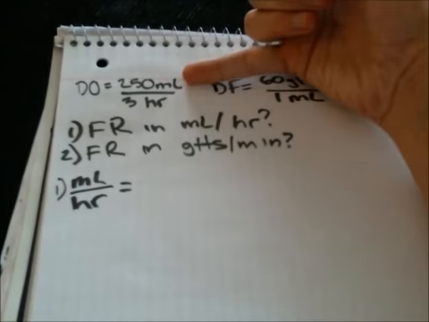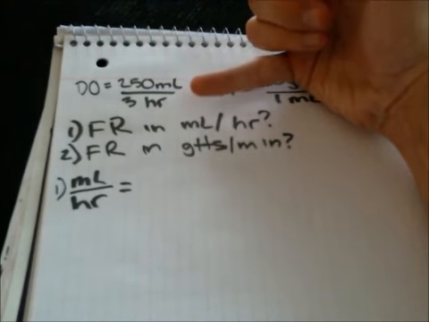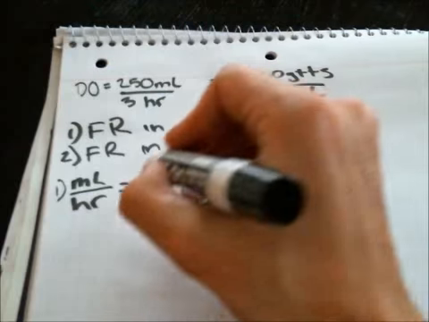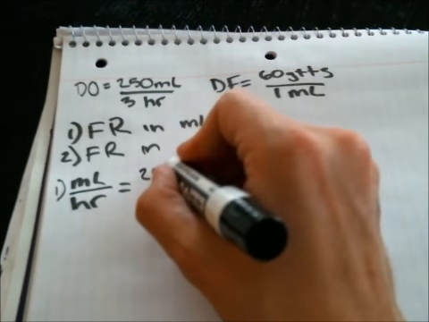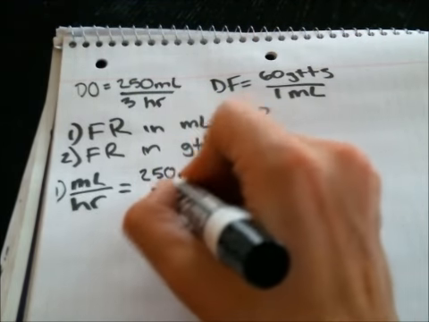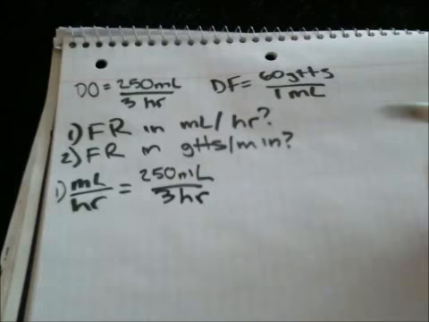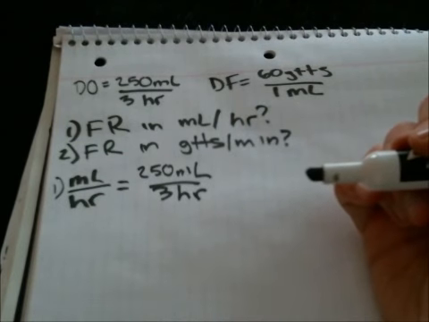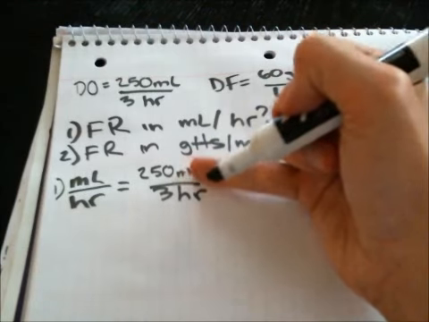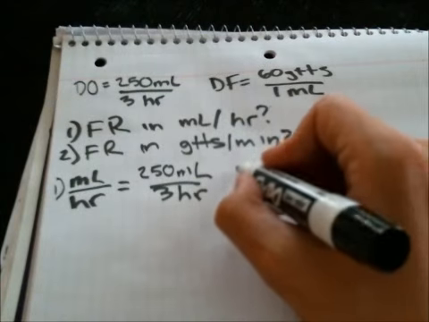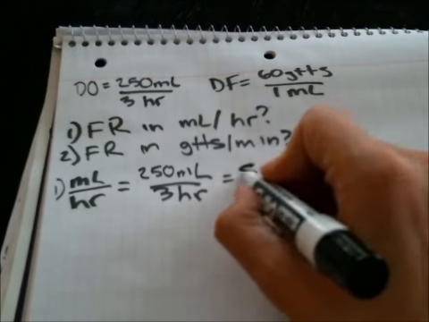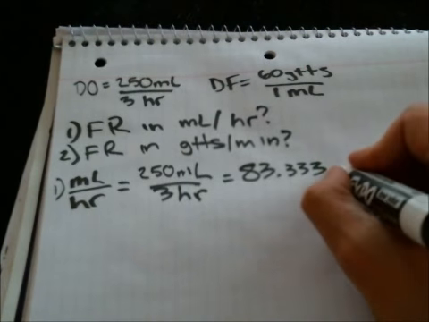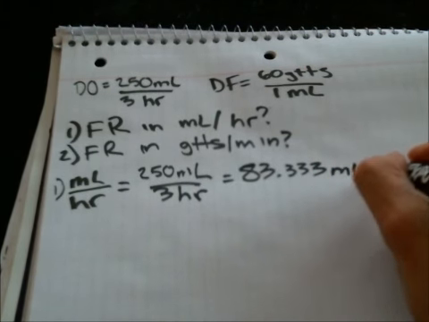If you look at the information we have, it's already in milliliters per hour, which means it's a simple division question. Let's plug it in. 250 milliliters, right, over 3 hours. You don't even need to cancel anything. You've got it right there. So you divide 250 by 3, and your answer is 83.333, repeating, milliliters per hour.